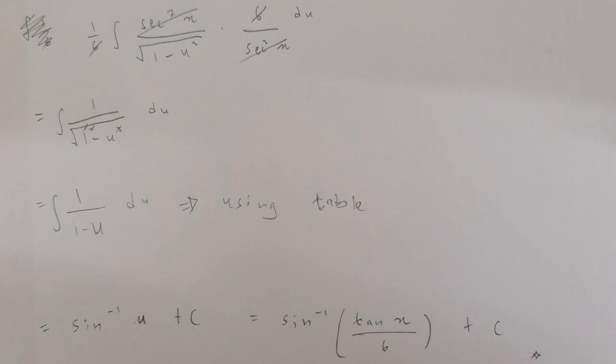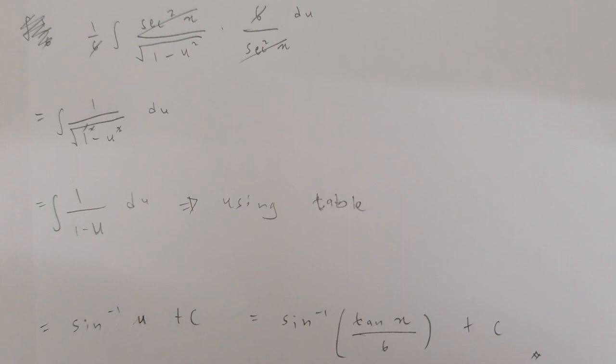Okay, so we have this square root of 1 minus u squared. How do we eliminate the square root? Well, it's easy. Just add square to the 1. 1 squared equals 1. And then cross out the square root. Easy enough. And then we get this beautiful thing.